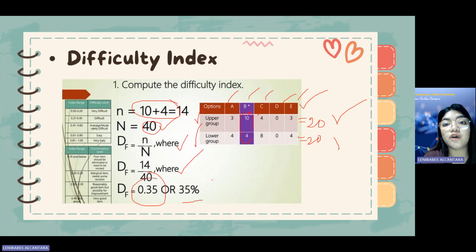Yan ang difficulty index. Okay? So for instance, ang estudyante natin ay 30. If of course ang rule natin is i-divide natin sa 2, in this example, 15 yon, okay? 15 yung estudyante natin. Same process lang din dyan. Pero kailangan natin ng ganitong data sa table bago natin ma-solve ang difficulty index.